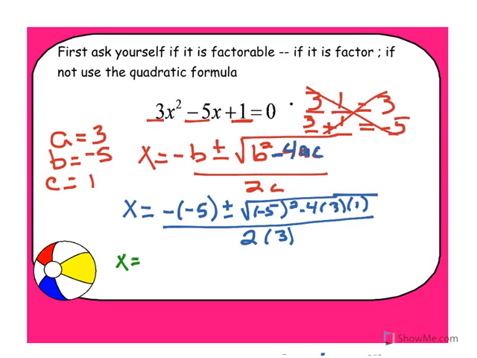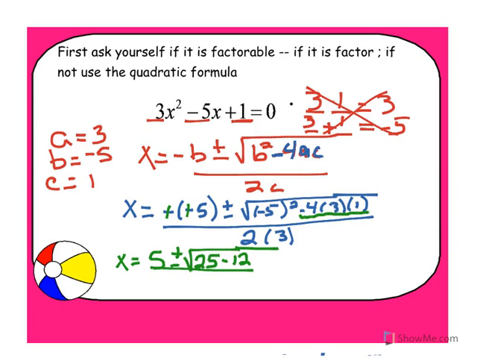A negative times a negative, my -5 becomes a +5, plus or minus the square root of -5 squared. Two -5s, -5 times -5 is +25. Now let's do this part. -4 times 3 times 1. -4 times 3 is -12. -12 times 1 is still -12.